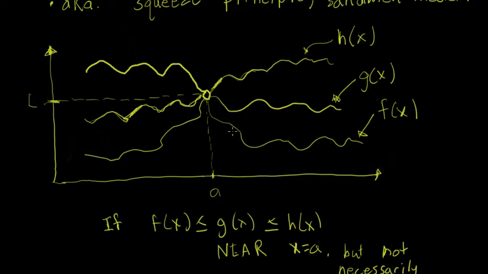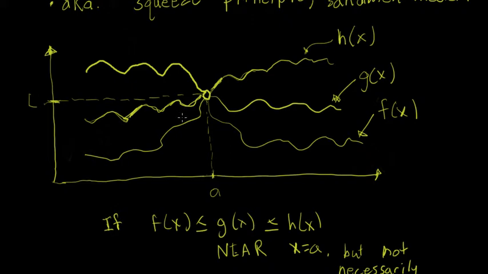So say you're coming in from the left, you're approaching x equals a from the left, and f of x is less than or equal to g of x, which is in turn less than or equal to h of x in some region to the left of x equals a. So for values of x less than a, close to a.